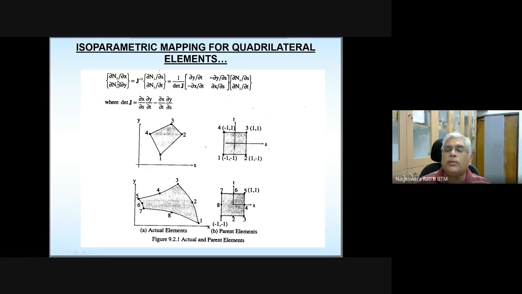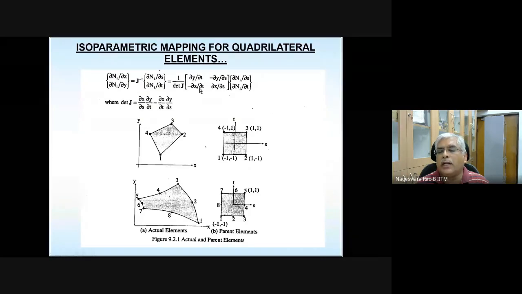First of all, what is the use of this derivative of shape functions with respect to X and Y? If you want to find the strain value, you need to know the derivative of shape functions with respect to X and Y. If the derivative of the shape function with respect to X and Y is infinity, that means strain goes to infinity. If strain goes to infinity, stress goes to infinity.